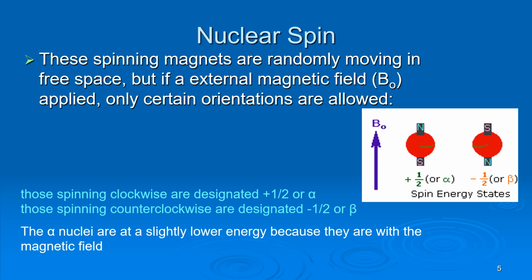It turns out that the alpha nuclei are actually slightly lower energy because they are lined up with the magnetic field, and then the other one, the beta, is lined up against the magnetic field. But they're not going to be random all over the place. They're both going to be up or down, either with the magnetic field or against the magnetic field.